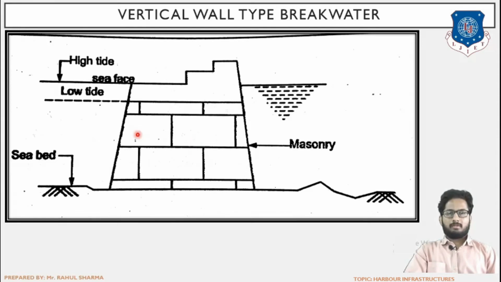Now one important point which we have to understand here is regarding the dissipation of energy. The wave or wind energy will exert force on the face of this breakwater. The wind or wave energy will dash against this face.